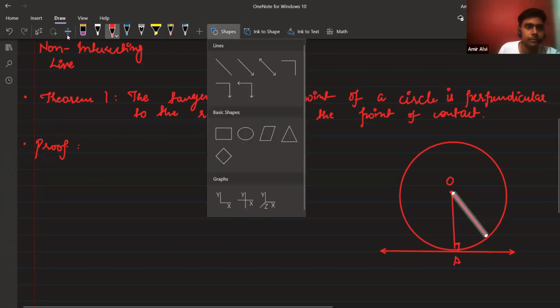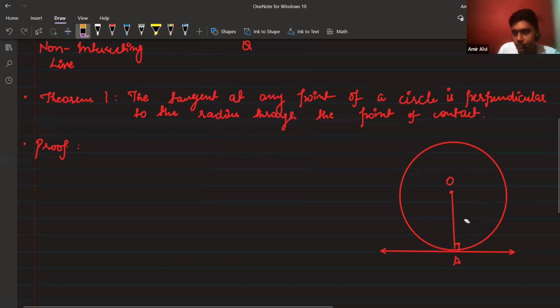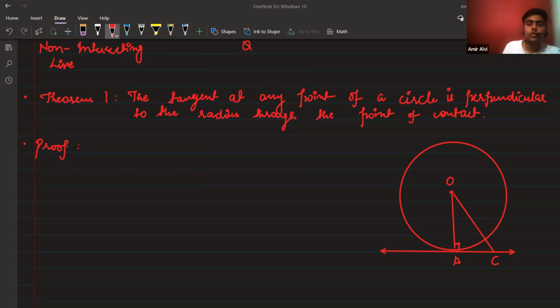Okay, so this is C. Let's suppose that B is the point here. Suppose this is B point and this is C point.